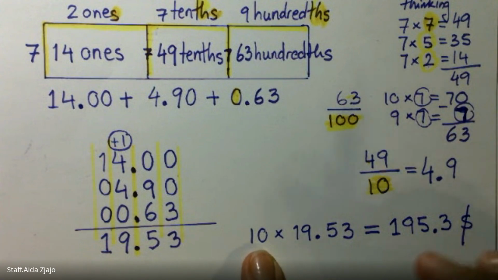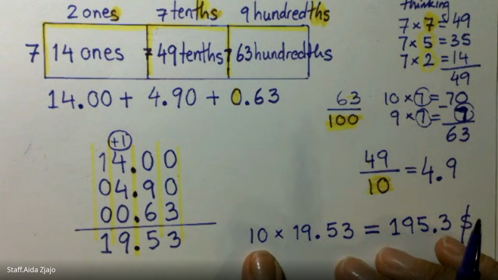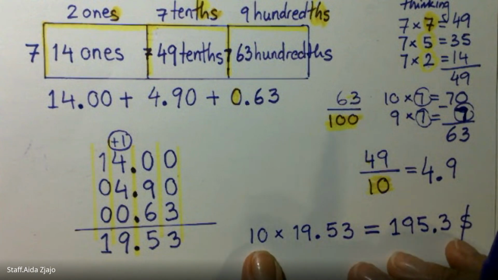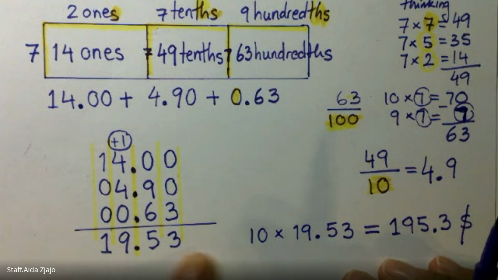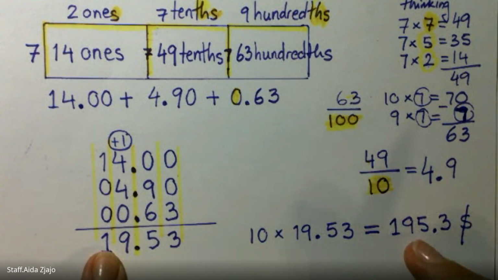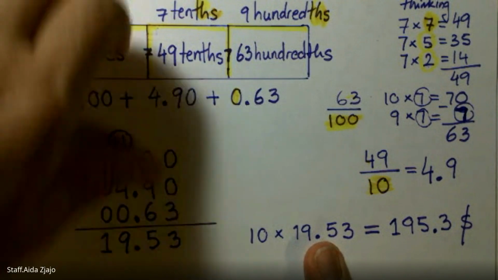Okay, so now if you'd like to do 12 months, you can do the standard algorithm, or you can just add this number twice, 19 and 53 cents. Does that make sense?